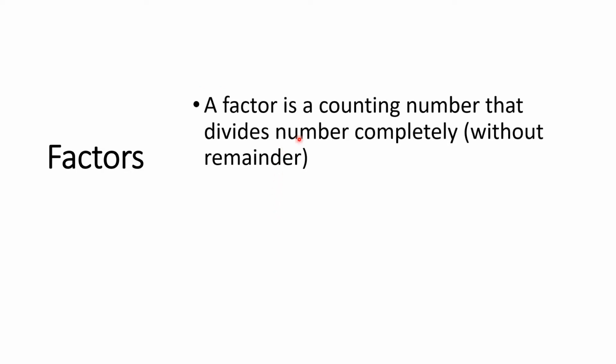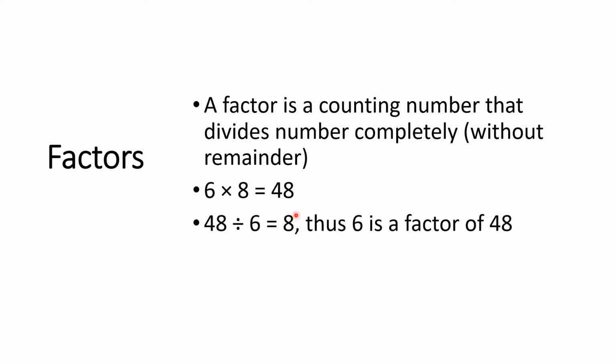We can say like this also that a factor is a counting number that divides a number completely without remainder. For example, 6 multiplied by 8 equals 48. 6 and 8 are factors of 48. Why are they factors of 48? Because when we divide 48 by 6, the answer is 8.